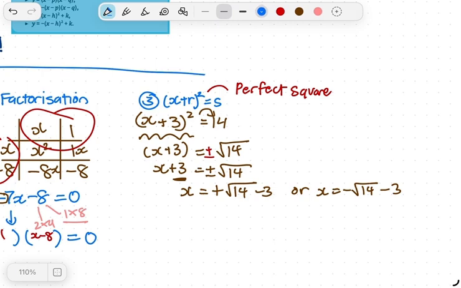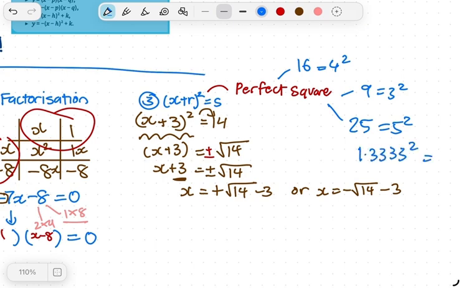Well, you may know of squares like 16, 9 or 25, which are 4 squared, 3 squared, and 5 squared, which basically means a perfect square is any number that can be expressed in the form of a square of an integer. If I give you 1.3333 squared, whatever answer that gives me is not a perfect square.